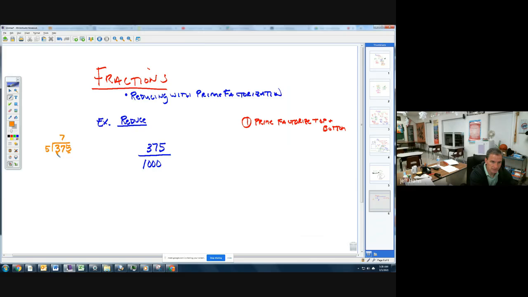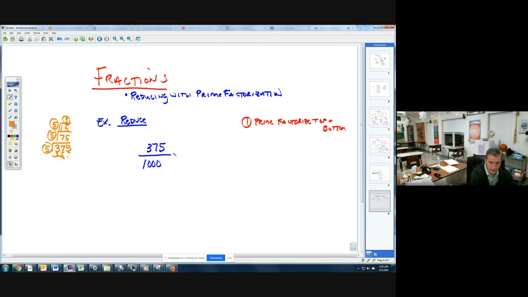I get 75. And again, since this ends in a 5, I'm going to divide it by 5, which gives me 15. I will again divide it by 5, and then I get a 3. So these are all my prime numbers that I divided by.